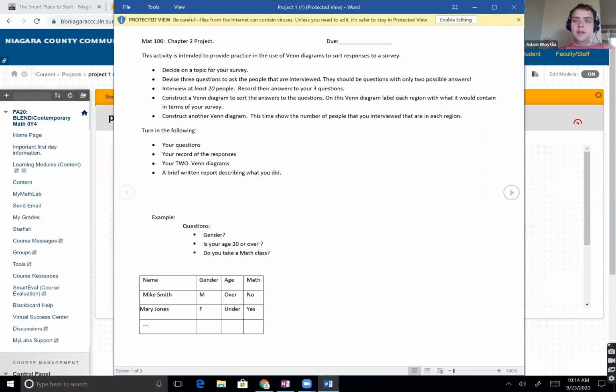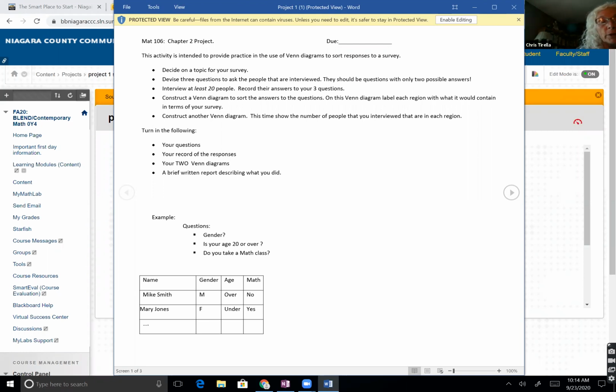Okay. Construct a Venn diagram. You're actually going to construct 2 Venn diagrams, one to sort and one to just identify the regions of the Venn diagram. And then you have to write a paragraph summarizing your results.